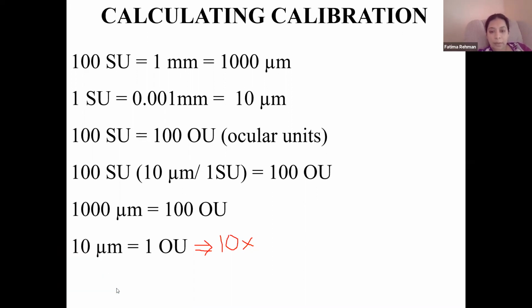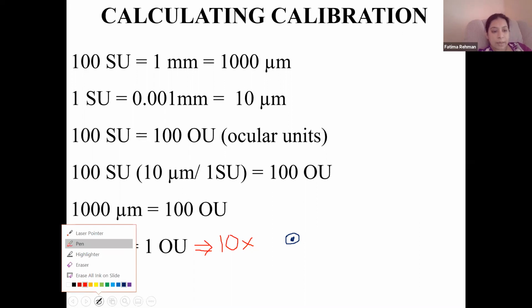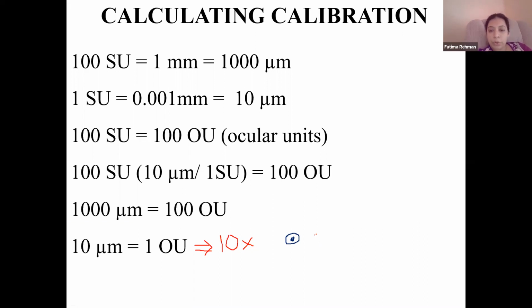If I have a cell under the 10x objective lens, it is 2.5 ocular units, okay?